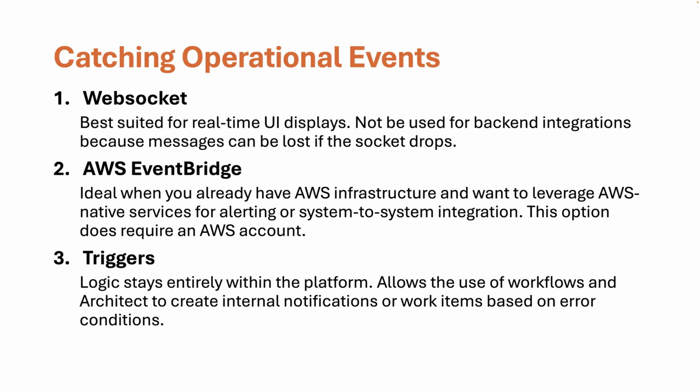This pattern allows you to use workflows and Architect to create internal notifications or work items based on error conditions. So in this video, we'll be exploring the use of WebSockets and triggers. For AWS EventBridge, we have a blog that covers the integration of AWS EventBridge with Genesys Cloud. It will be in the video description.